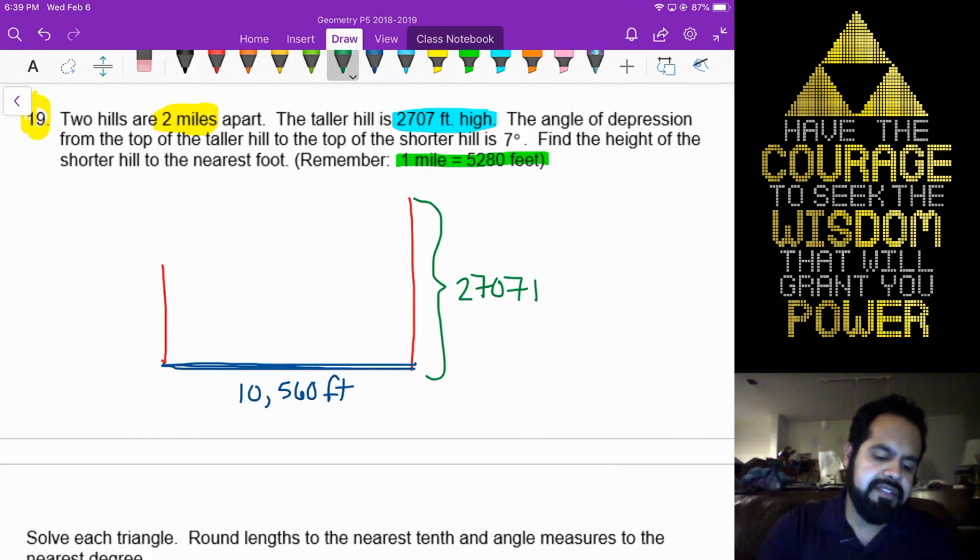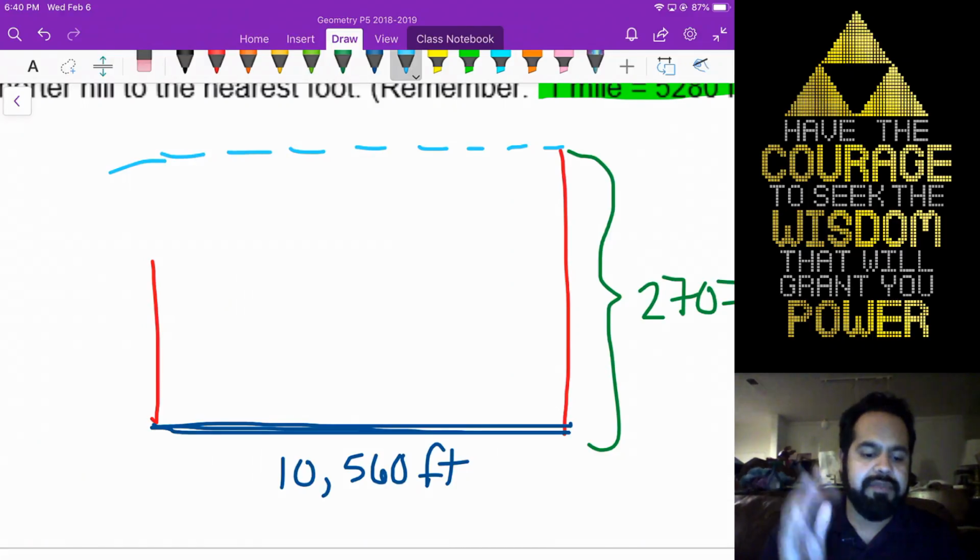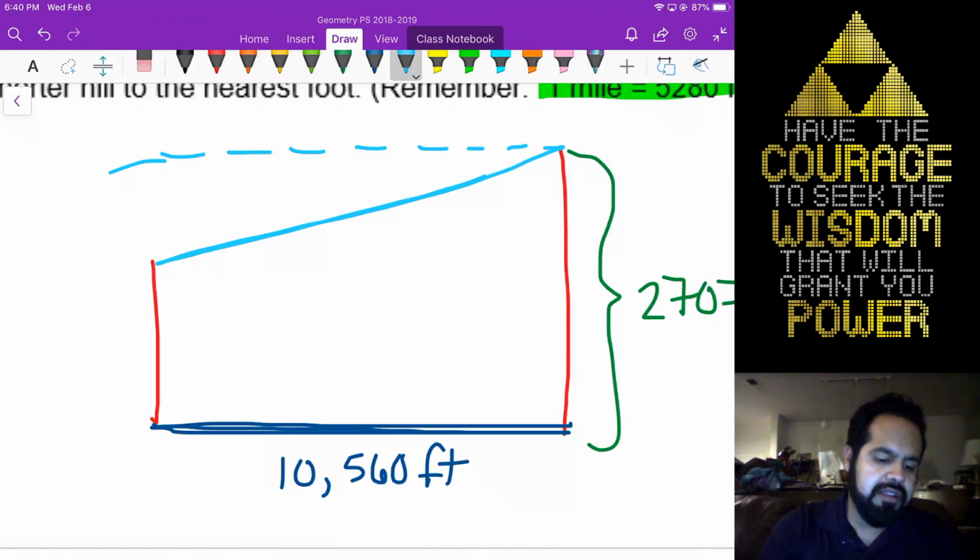Now we know the taller hill is 2,707 feet. Our angle of depression from the top of the taller one to the shorter one is 7 degrees. Remember that the angle of depression is formed by the horizontal line and our line of sight.